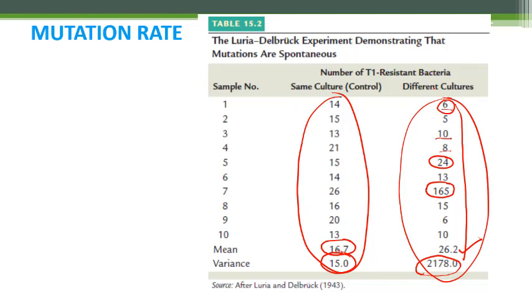So obviously this experiment of Luria and Delbruck very efficiently demonstrated that mutations mostly occur randomly and independent of the selective pressure or the adaptive pressure.